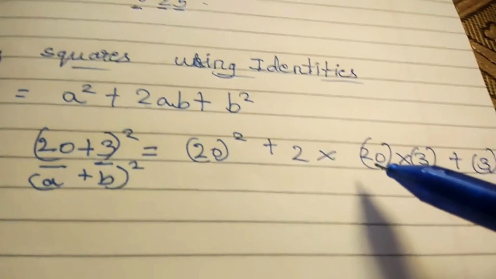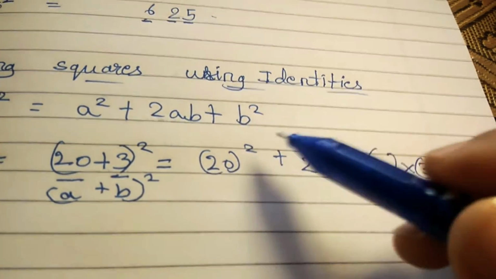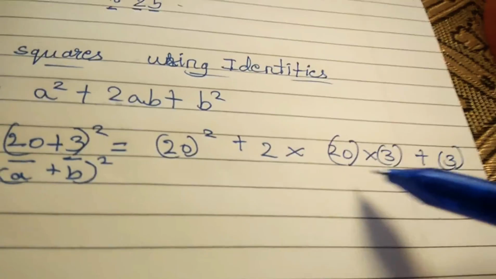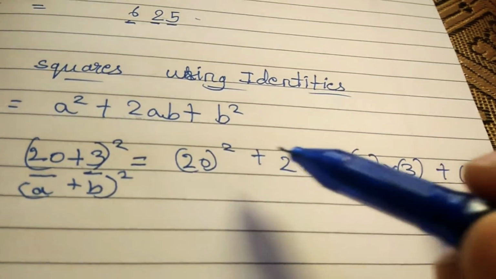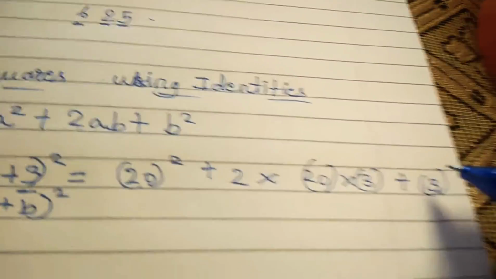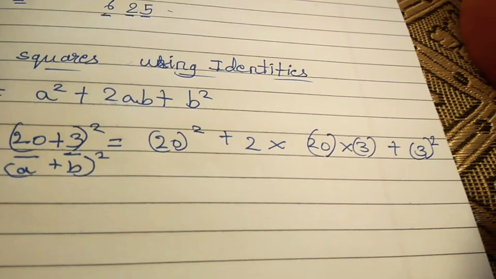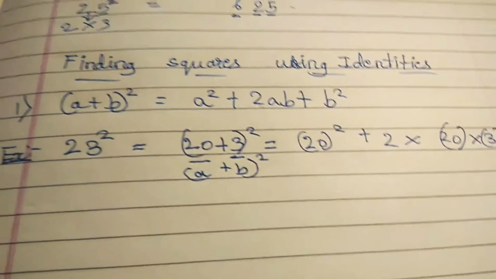So 2 into a into b, like that, 2 into 20 into 3, where a is 20 and b is 3. Plus b square. So b is 3, so 3 square here, right?